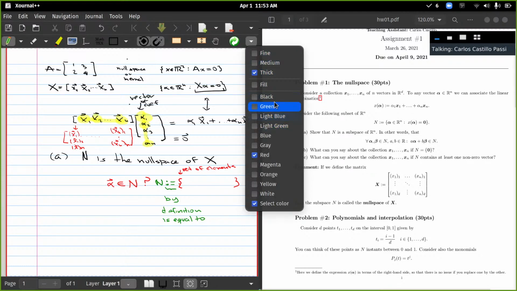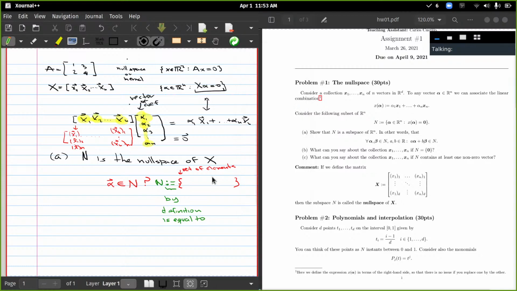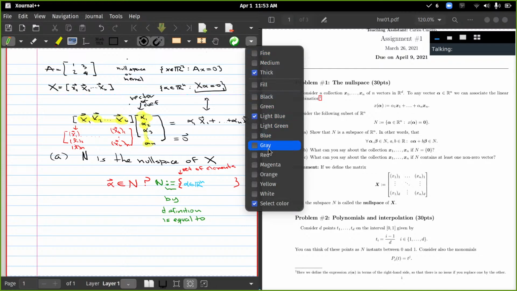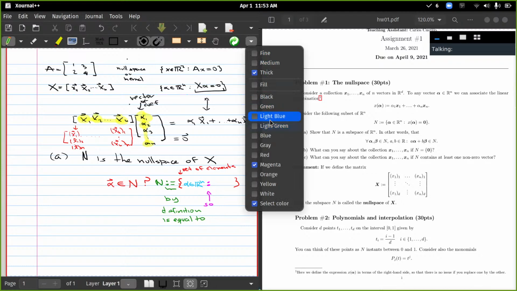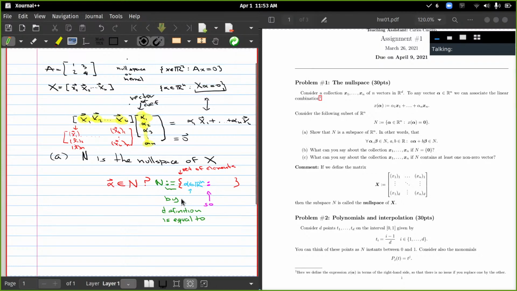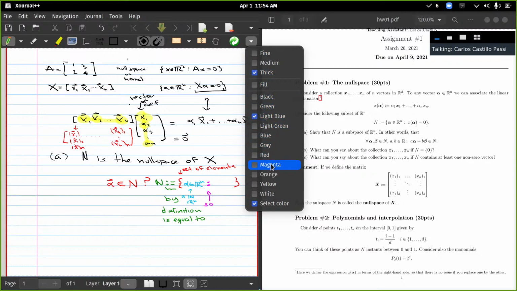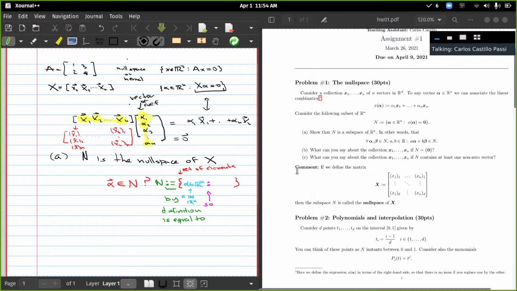Then you have all the alphas in Rn such that this expression is valid: X of alpha equals 0.